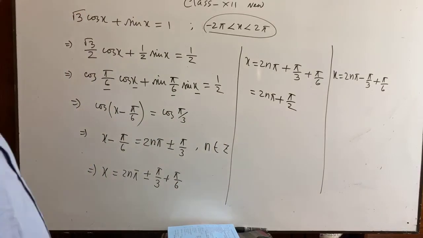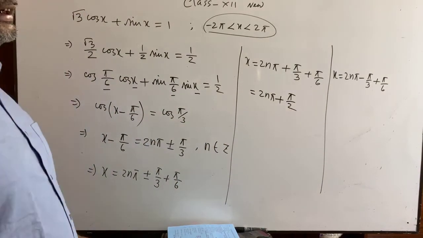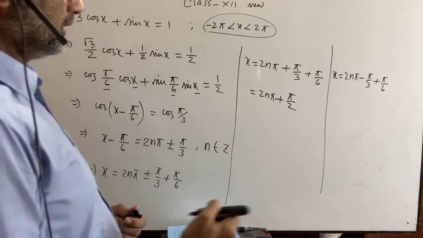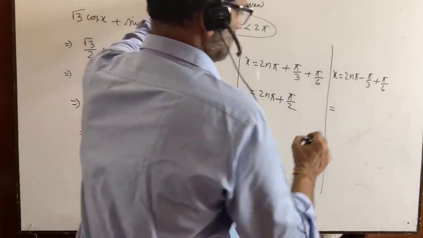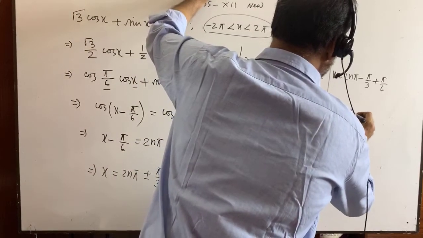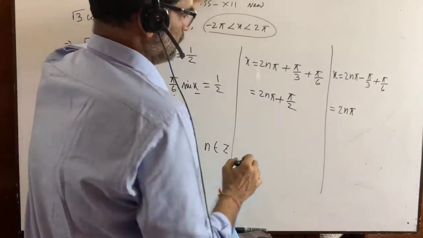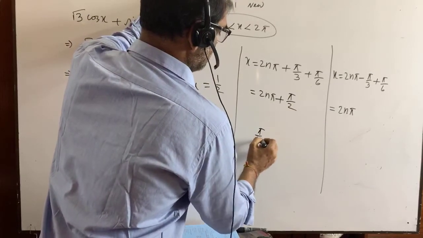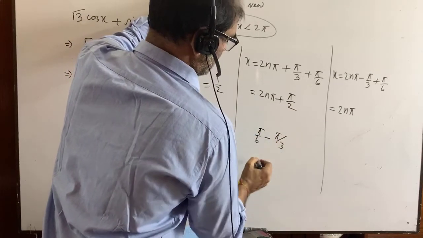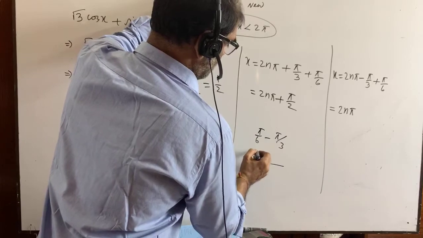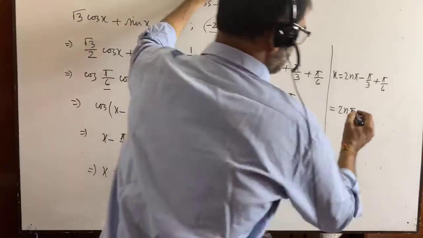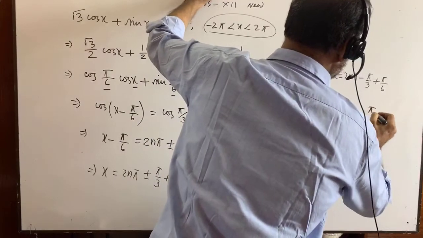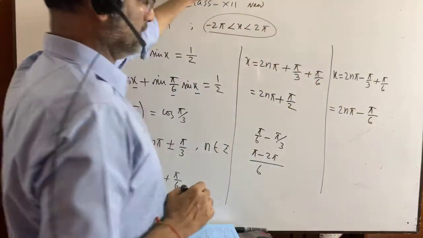So 2 pi plus pi, that is 3 pi by 6, that is pi by 2. Now here it is equal to 2n pi plus pi by 6 minus pi by 3. So pi minus 2 pi over 6, that is minus pi by 6.